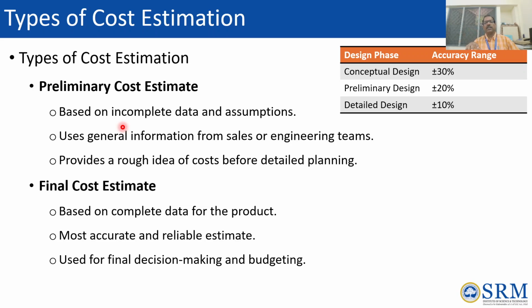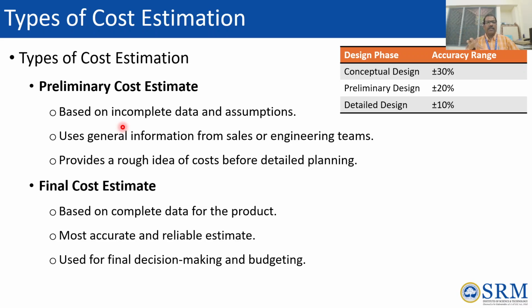So what is final cost estimation? It is based on the complete data for the particular product. You will have each and every component's price, including nuts, bolts and washers, or if you are going to use some lubricants, greases or fasteners, or do some packaging for the component.